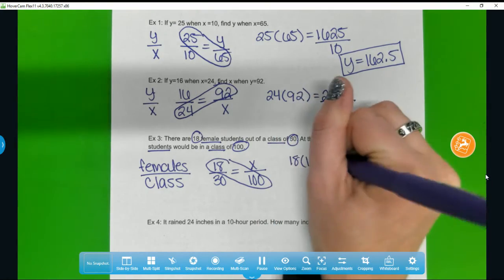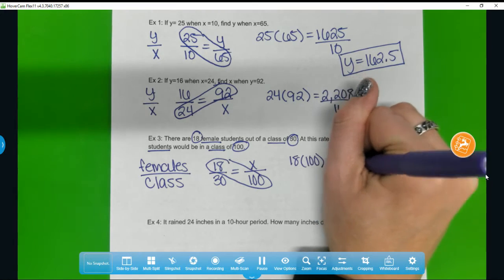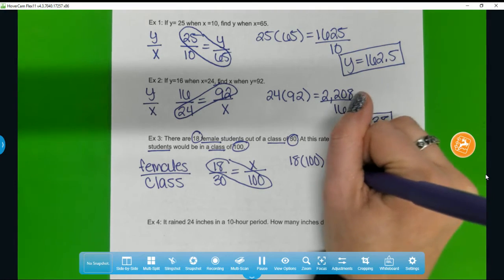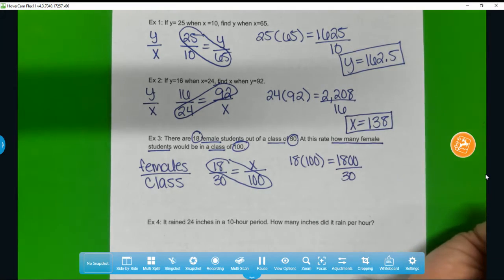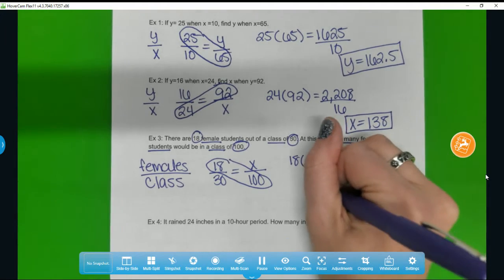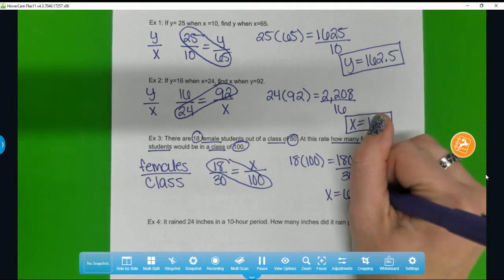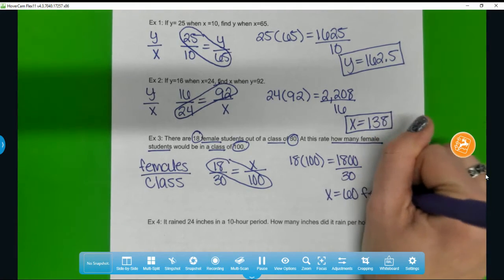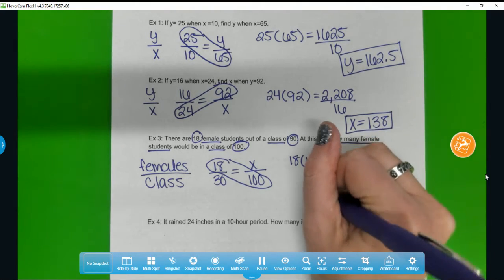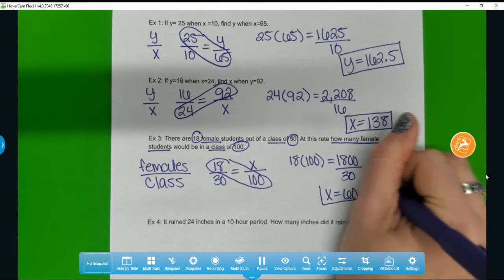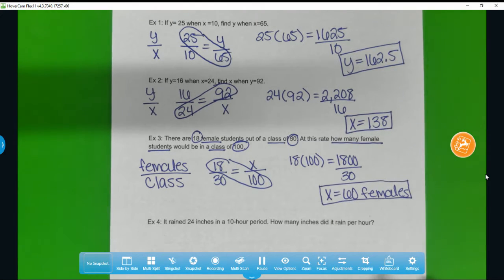So 18 times 100 is 1,800. And I'm going to divide by what's left, so by 30. So x equals 60. And since we're using words this time, it's going to be 60 females. So there should be 60 females in a class of 100.